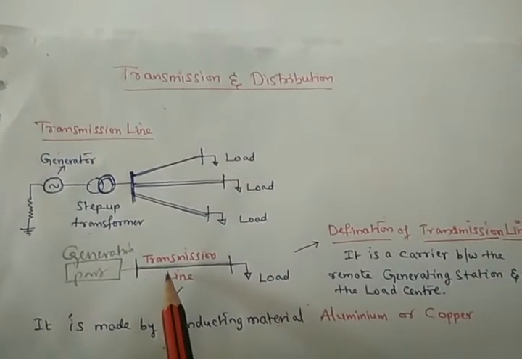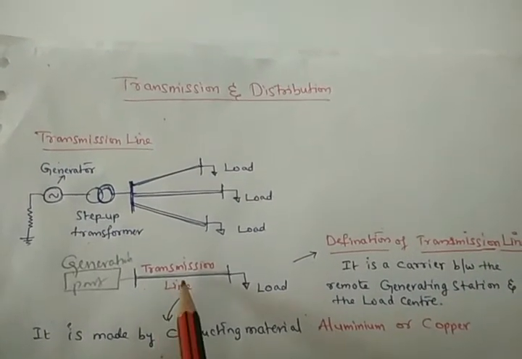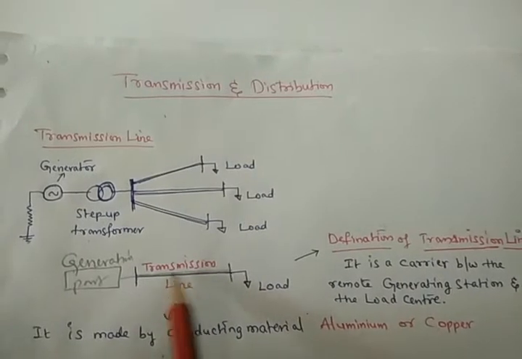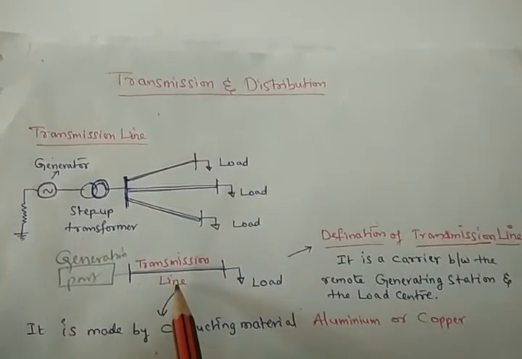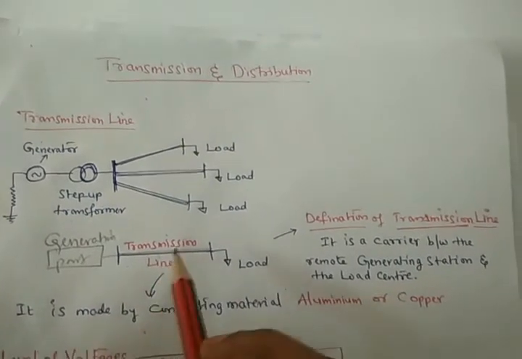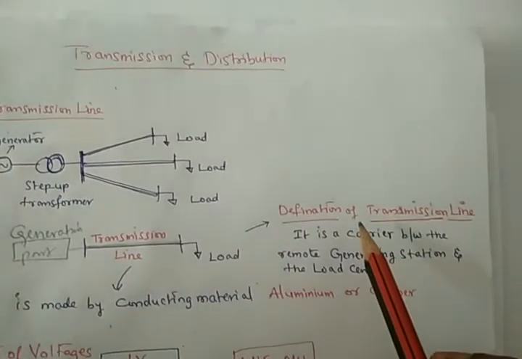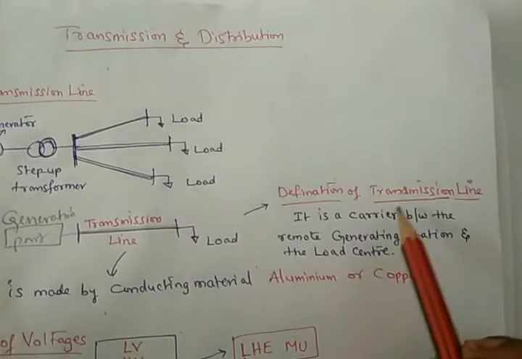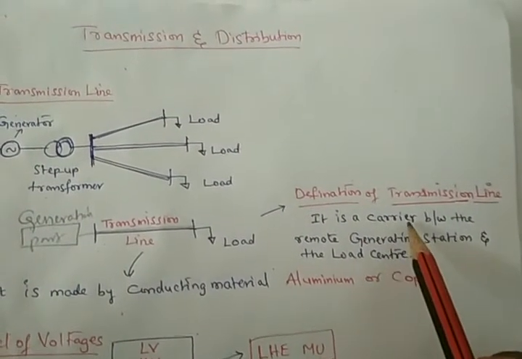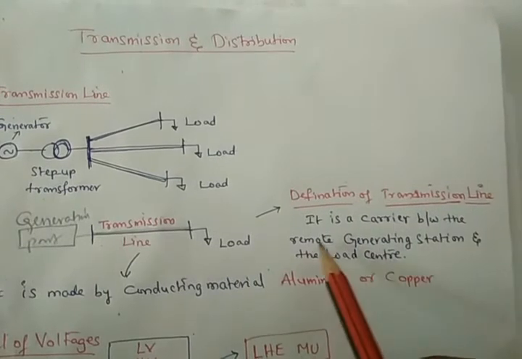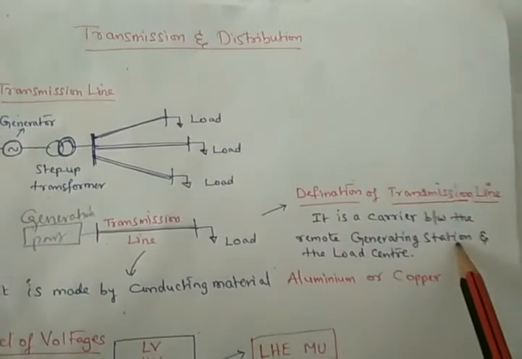Now the concept is that what is a transmission line? You identify the transmission line and you have to define what is a transmission line. So the definition of a transmission line can be given like this: it is a carrier between the remote generating station.